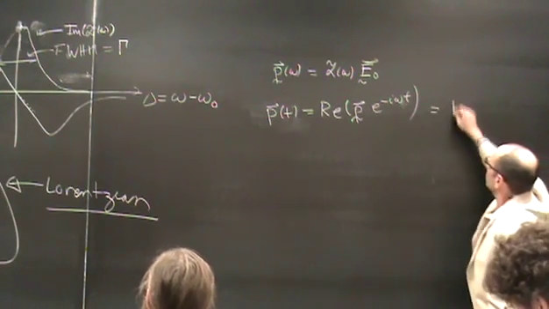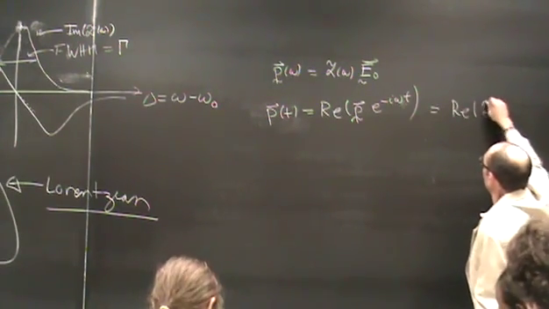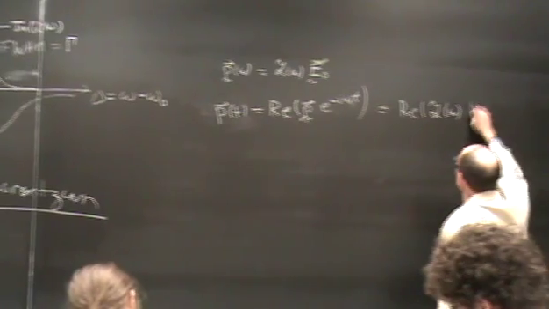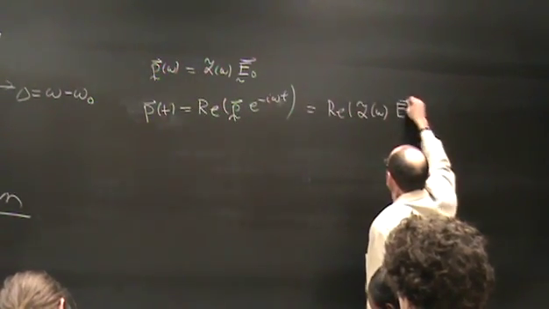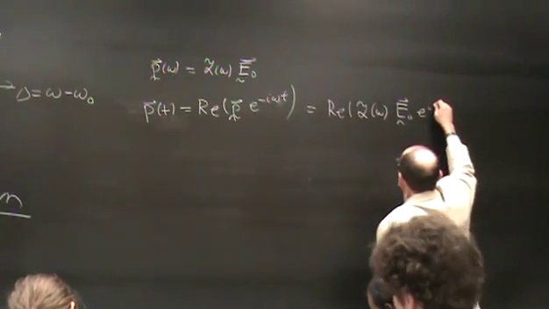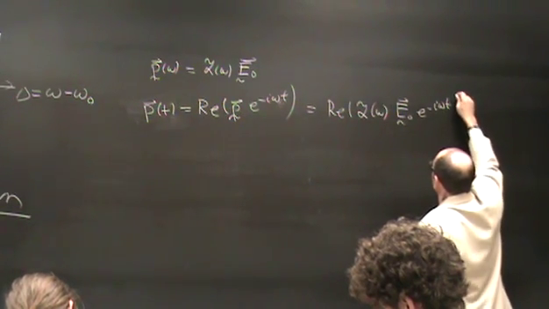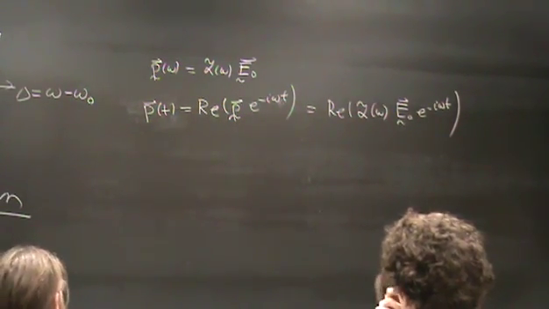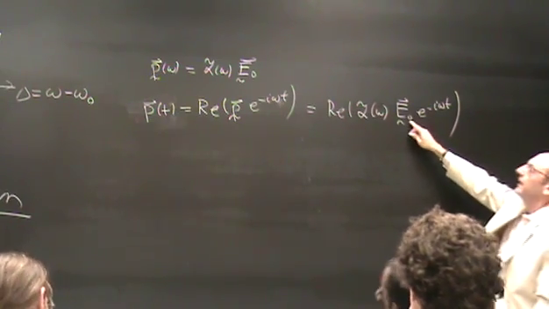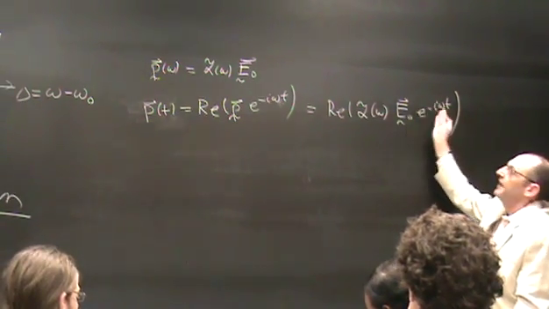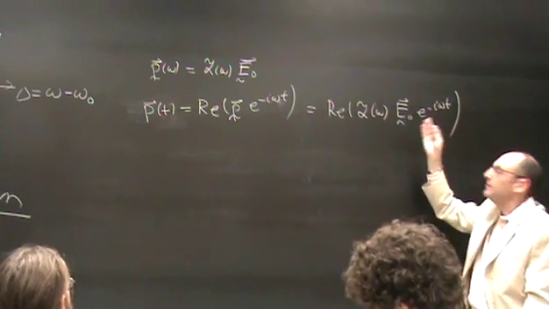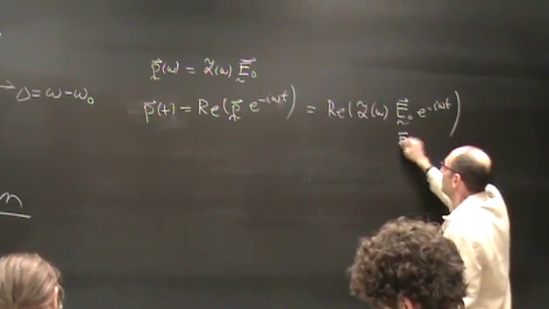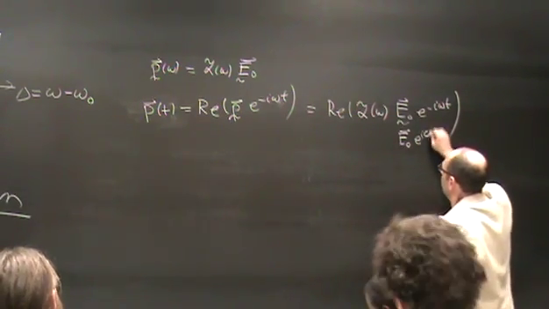So let's plug that in. That's the real part of alpha twiddle E0 e to the minus i omega t. Now, we can phase shift this any way we like, it doesn't really matter. I can call this, if I want, E0 times some phase.